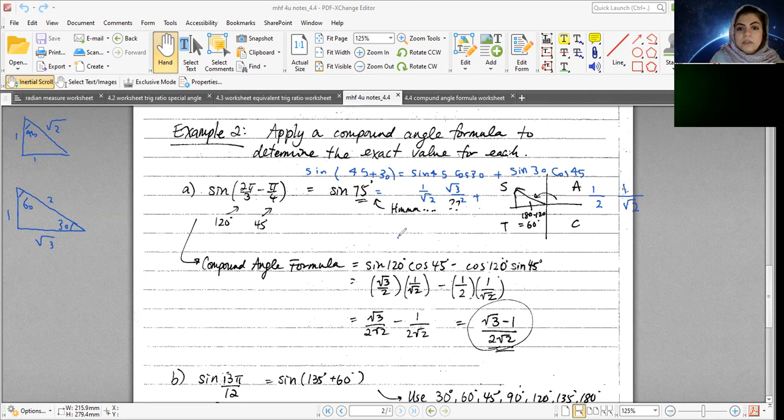Multiply them: square root of 3 divided by 2 square root of 2, plus 1 over 2 square root of 2. It's enough if you show it like that, so you can write it as square root of 3 plus 1, divided by 2 square root of 2.